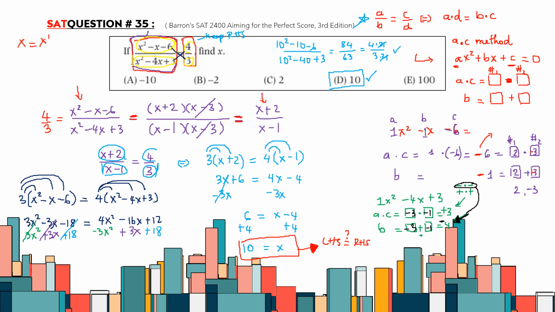So what's left is 0 equals x squared, 4x squared minus 3x squared, that's x squared. Then we minus 13x. Then we add 30.